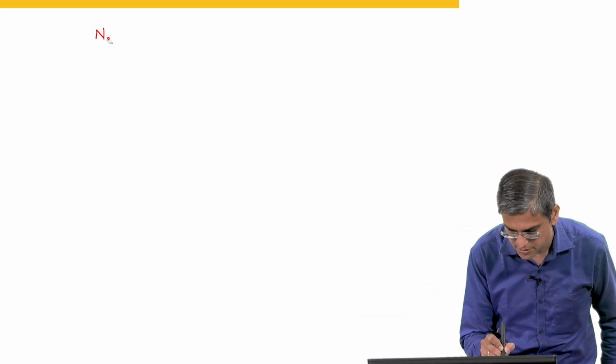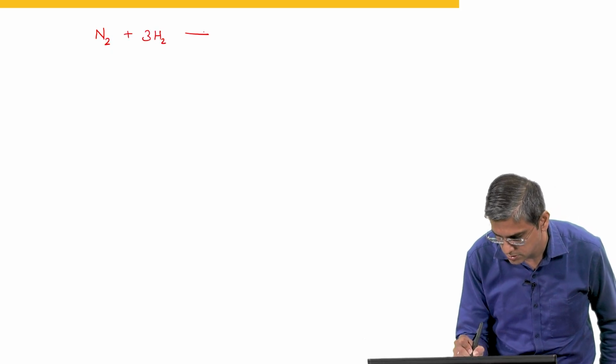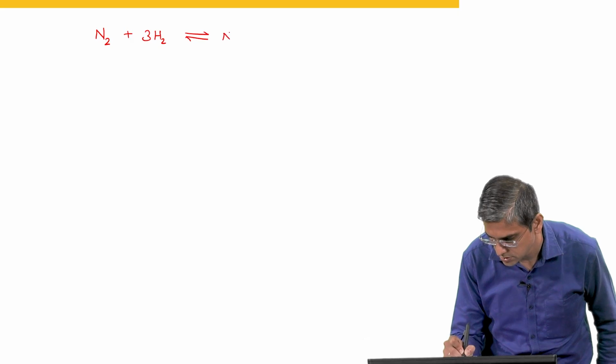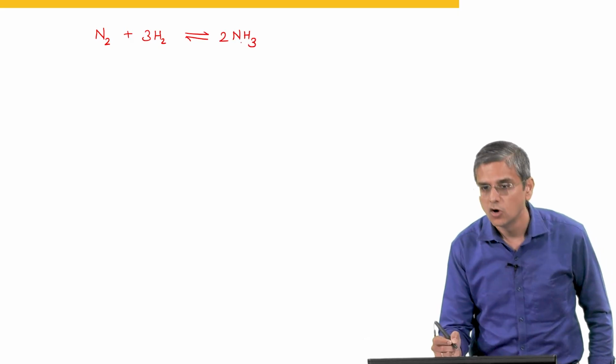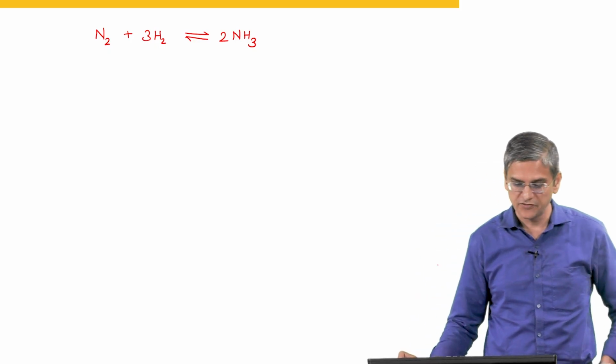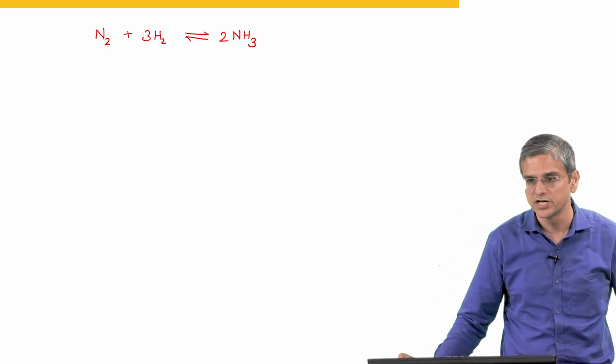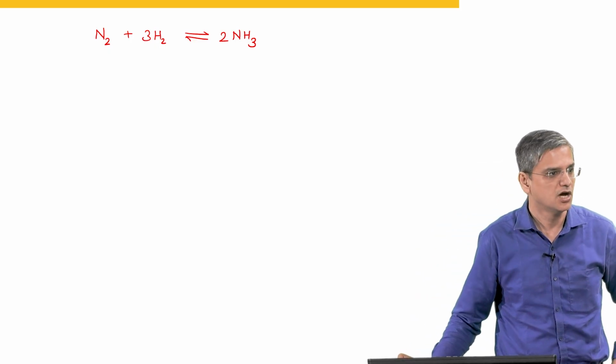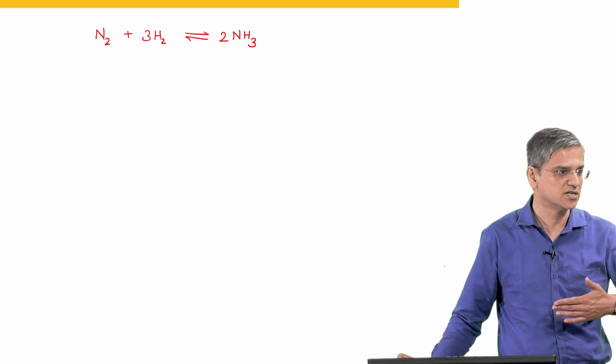Now, there was another question about whether we can go over the idea of Kp, Kc and so on. Let us take any reaction, say N2 plus 3 H2 going to 2 NH3. If we were to write this as half N2 plus 3 by 2 H2 going to 1 NH3, our delta G will be just half of that.